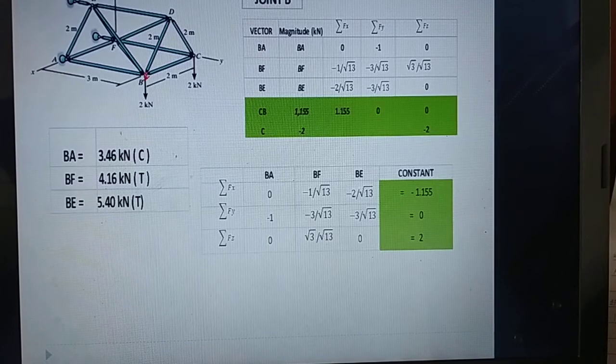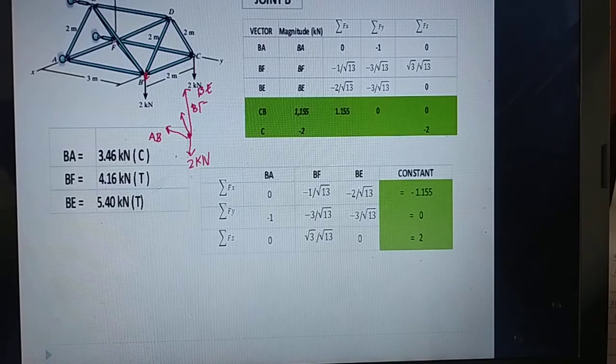When you represent joint B, this is the 2 kilonewton. This is AB, this is BF, and we have BE.